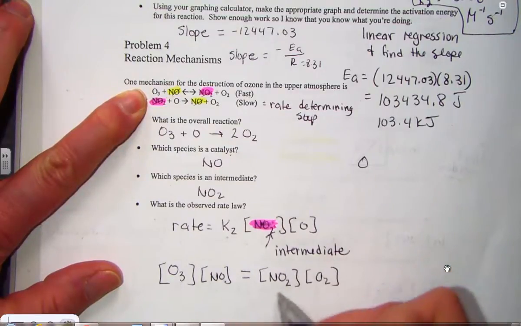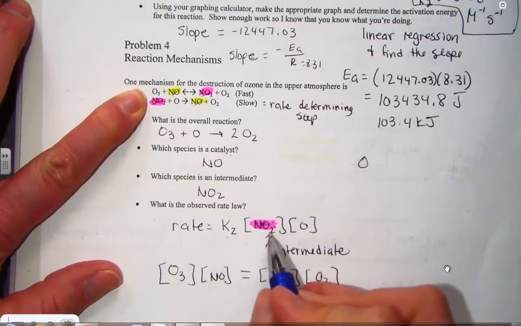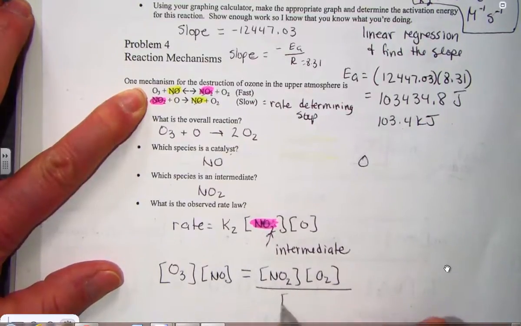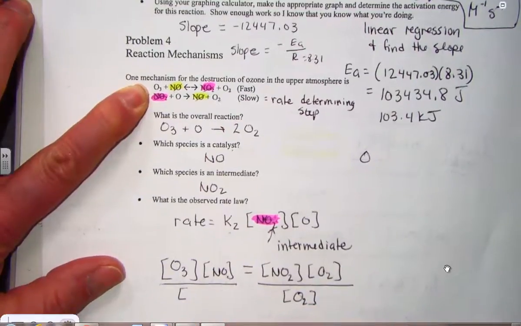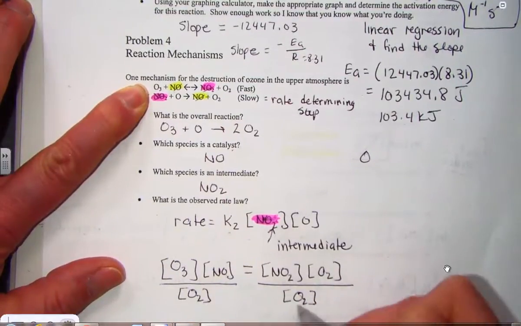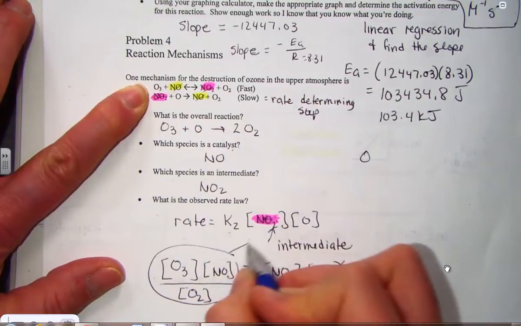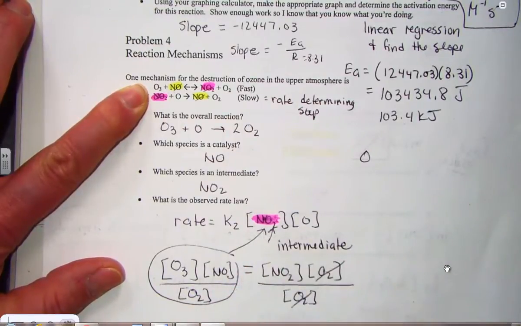We want to isolate NO2 by itself, don't we? We need to get this alone so that we can sub it out. So I'm going to divide both sides by the concentration of O2. And that's simplified. And now here is what I have to sub in for NO2.